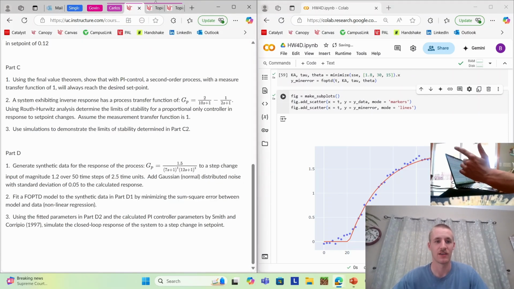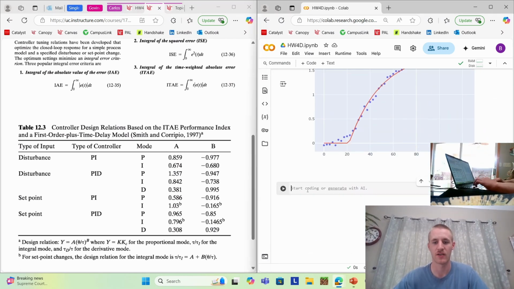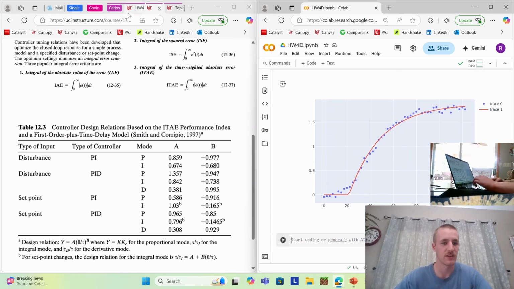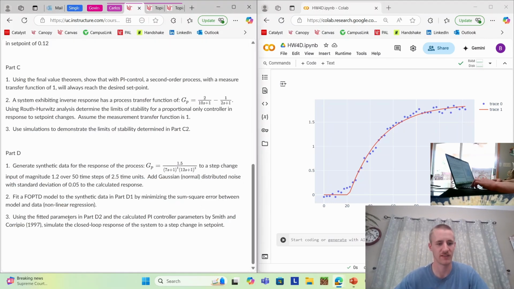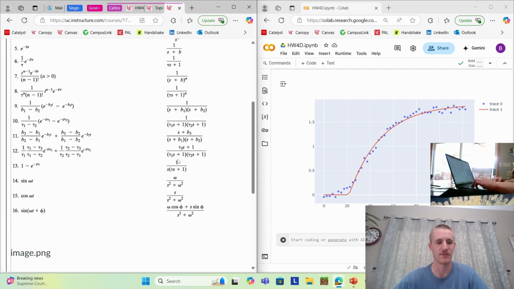So now, instead of this sum squared error, what we are going to do is actually dive more into this FOPTD model. Right, and so we'll be using the PI controller parameters that were calculated back in 1997 for a closed loop response of the system.